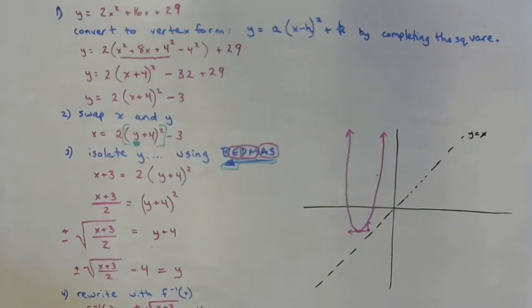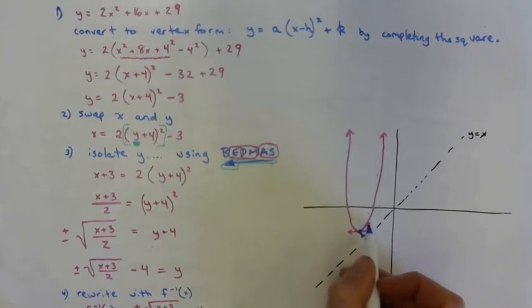Now, when we reflect this over the line y equals x, that means we're taking every point and reflecting it perpendicular to y equals x. Okay? So there's my new vertex. And if I take this point and reflect it, I get this point.